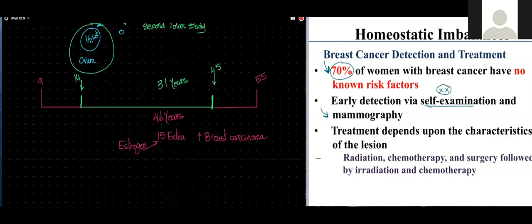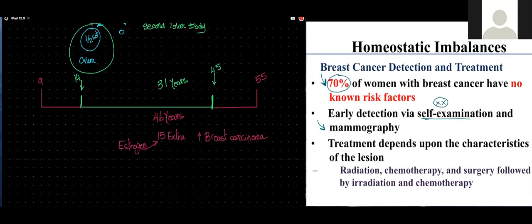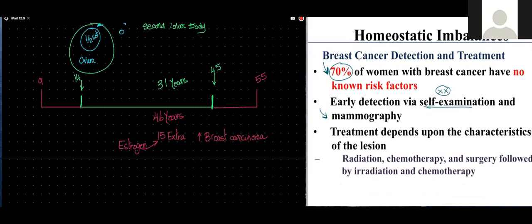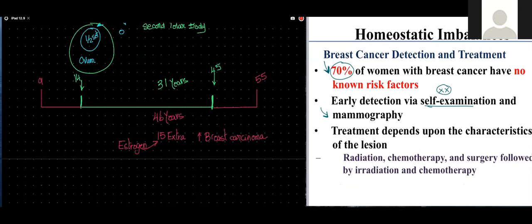Treatment is going to be depending on the extent of the disease and the type of the disease. And the management plan is going to be different from one patient to another according to the type of the cancer and the extent of the carcinoma.